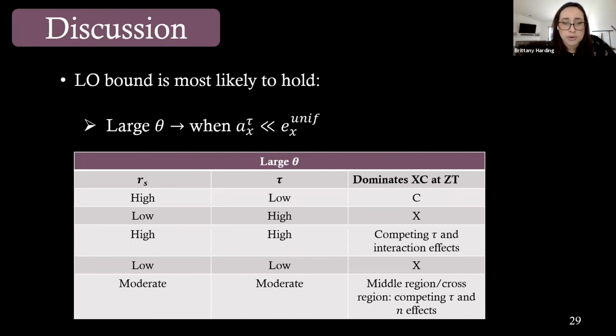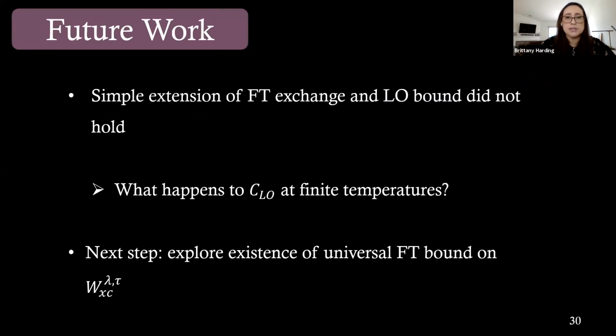Again, for the low r_s value corresponding to the moderate density, we recall the exchange dominated, but then we go to this moderate region, or this cross region, where we have to consider the competing temperature and density effects. And again, it's not so easy to tell which component dominates. So if we understand things about the exchange here, then we can hopefully make some sort of statement about the temperature adjusted Lieb-Oxford bound.